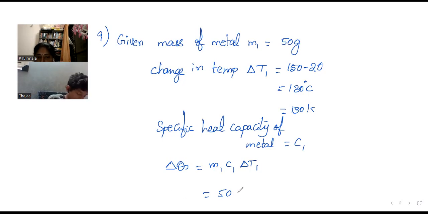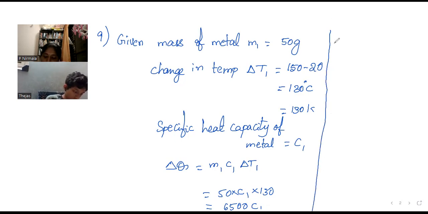So 50 into C1 into 130. That is 6500 C1. Next, same way, we are going to write for water. 100 grams water.